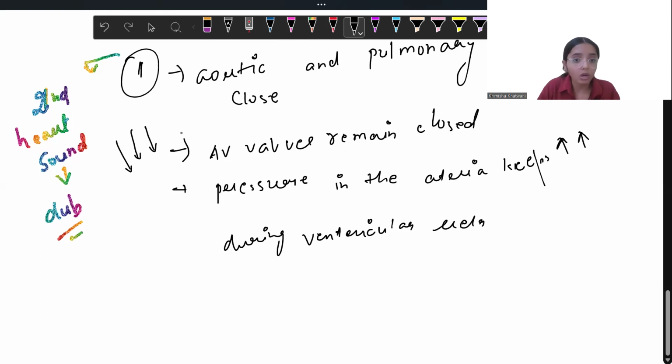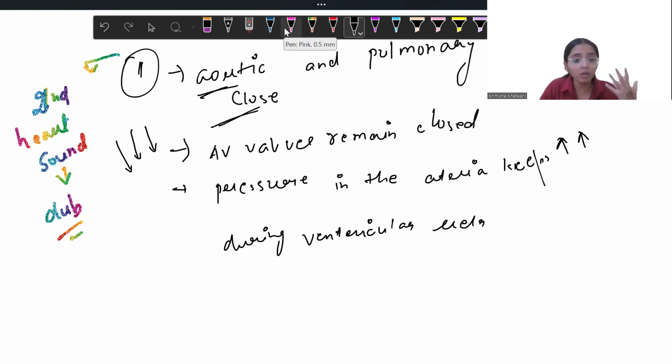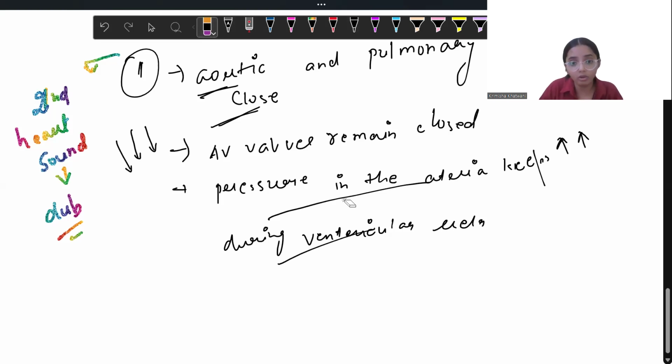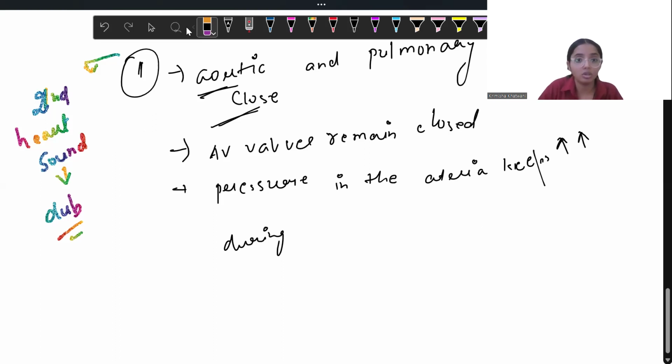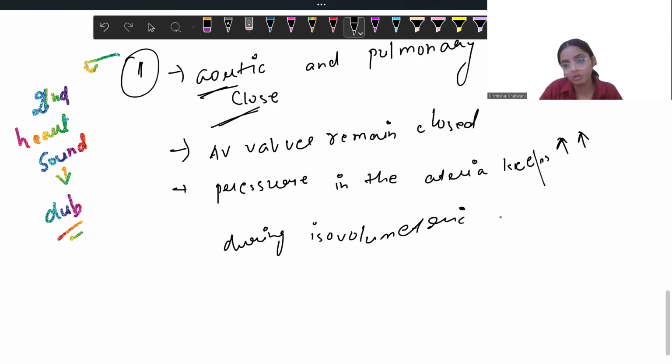But what is happening is the aortic and the pulmonary valves are closed during isovolumetric relaxation. Okay, now because the aortic and the pulmonary valves are closed and atria are continuously being filled with the blood through the superior vena cava and pulmonary veins, the pressure in the atria keeps increasing during ventricular relaxation, or isovolumetric relaxation.